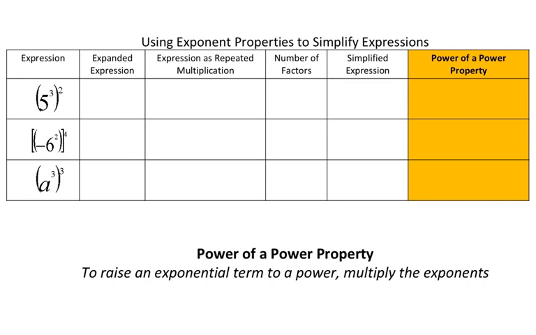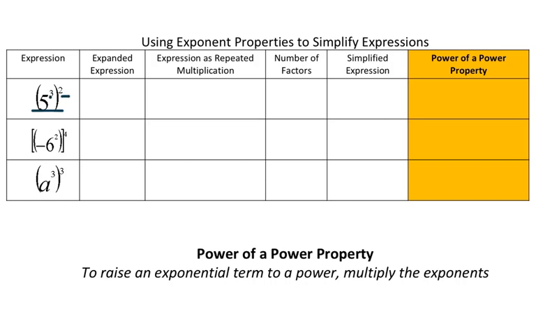Before I explain the property, I want to go ahead and take these expressions that are all very similar and expand them and then simplify them in the long drawn out version so you understand what we're doing. Okay, so when I have this, I have 5 to the 3rd power to the 2nd power. So if you'll notice, I have 2 different exponents. Well, the first thing I want to do is write it in expanded form.